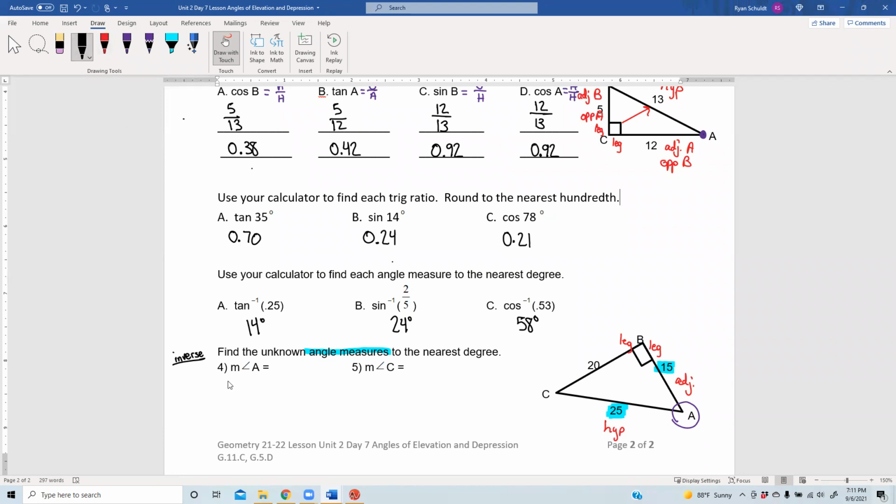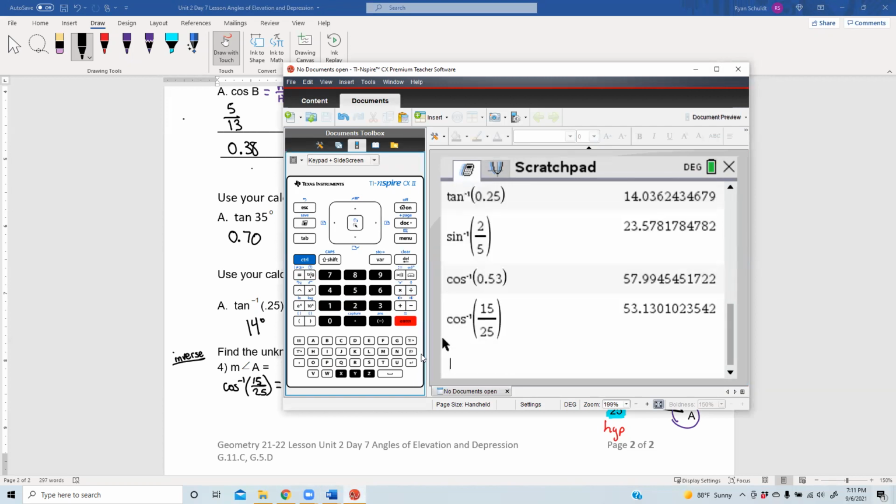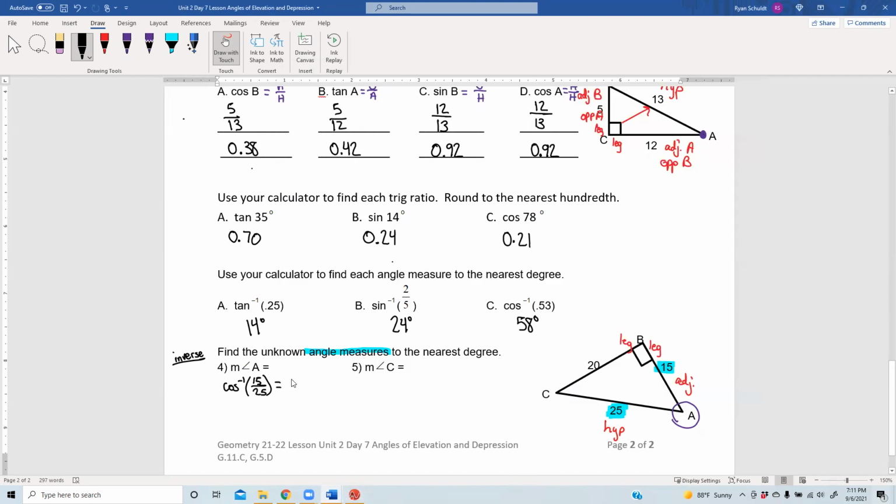That would be cosine. So I want to do the cosine inverse of the adjacent over the hypotenuse. You get 53 degrees. So angle A is 53 degrees.